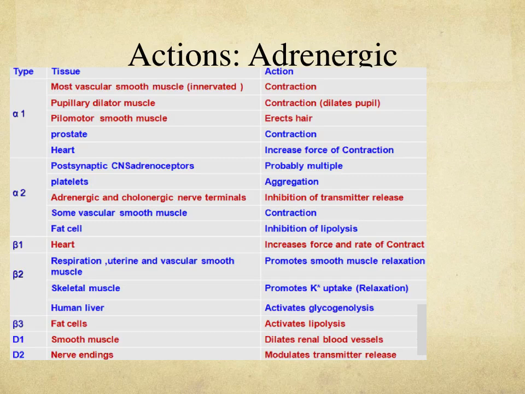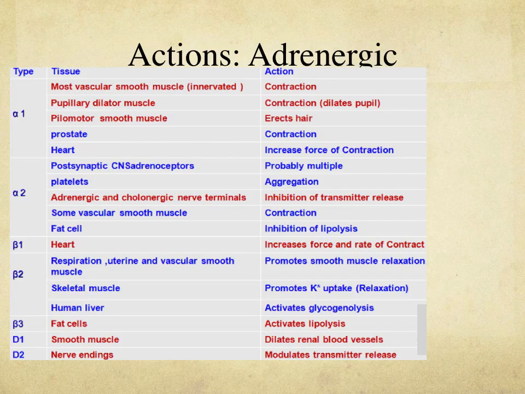It's going to stimulate an additional response of sympathetic signals by inhibiting the release of cholinergic terminals, particularly at the periphery. It's going to cause vascular smooth muscle to contract.